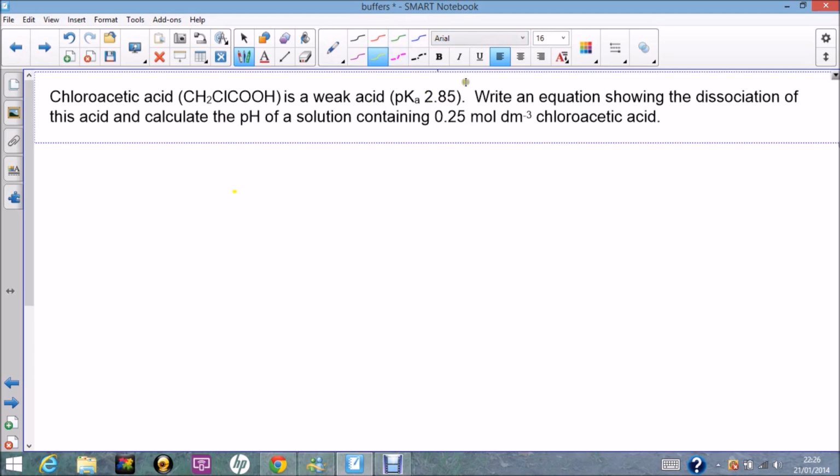Okay, so now I'm going to look at this. If I've got a pKa value, then I'm going to convert that into a Ka value by using Ka equals 10 to the minus pKa.